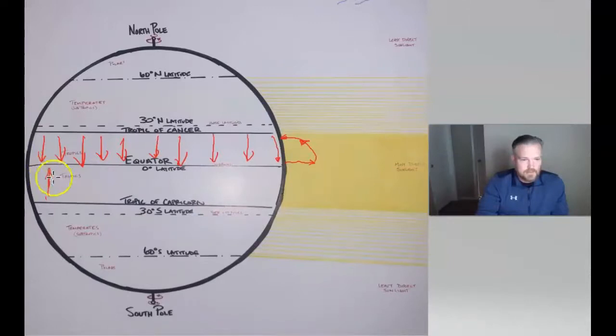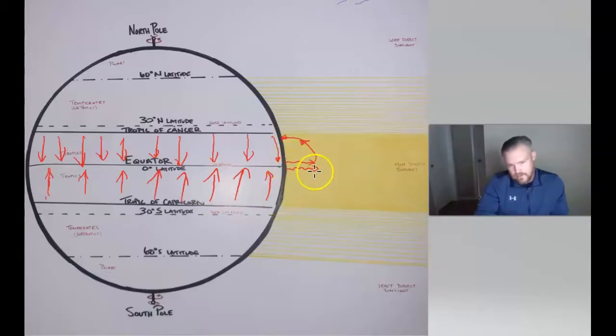Same thing would be going on down here, right? Same idea. Okay. And then at the equator, air would be rising here, would be going over here, sinking there, right? So you basically have the same thing going on both sides of the equator. So air is moving straight toward the equator at the surface.